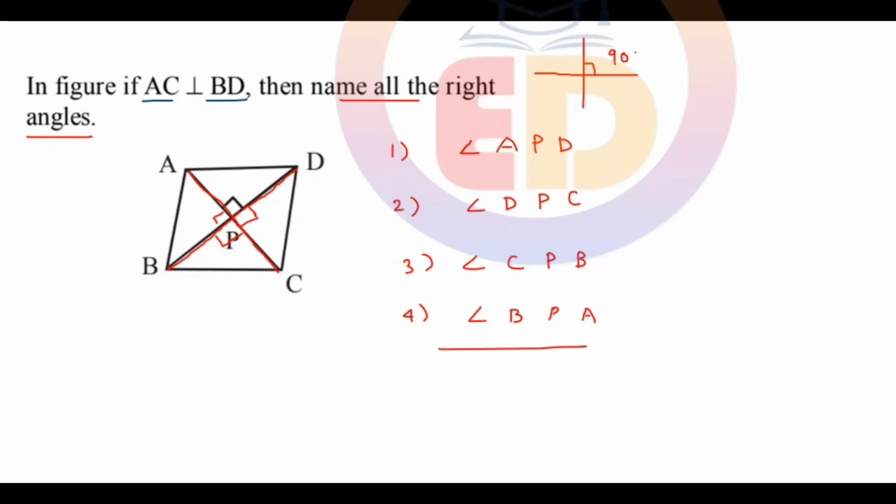So when two lines intersect each other perpendicularly, all the four angles made by the two lines are right angles. And in this diagram also, angles APD, DPC, CPB and BPA all will be right angles, meaning 90-degree angles.